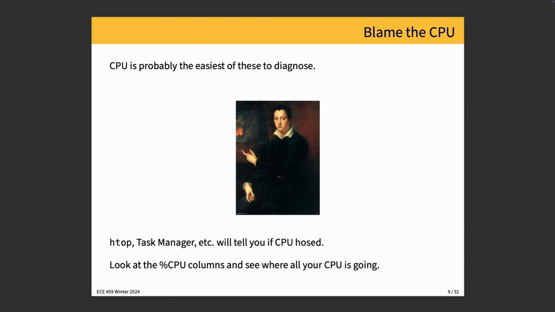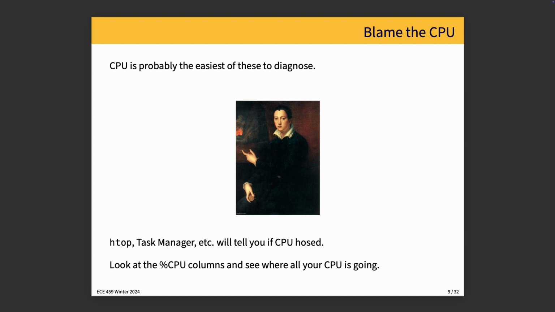Okay, so let's start with considering CPU. CPU is probably the easiest to diagnose, and the things that we examine in this course mostly look at this kind of thing. Something like HTOP, Task Manager, what have you, will tell you if the CPU is very busy right now.